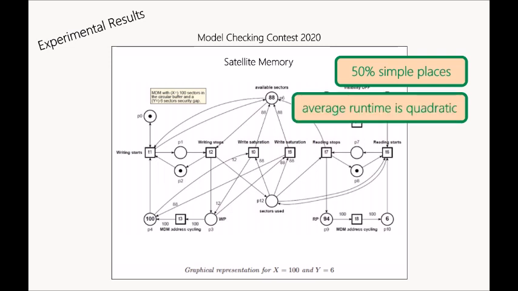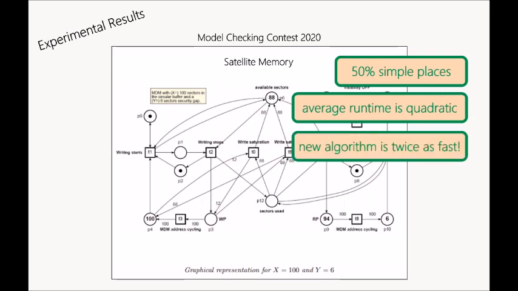And the average runtime of this example for both algorithms grows quadratic with the size of the input, with the length of the unfolded partial orders, because you need to distribute tokens, but you don't need to redistribute that much. The structure of the partial orders is relatively easy. And nevertheless, the new algorithm firing first is twice as fast as the old one, which directly relates to the number of simple places.